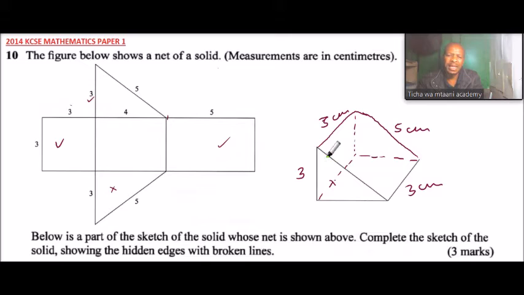You did nets in form 1, so this should be very easy for you. You get 3 marks. This is what we call free marks, because I don't expect you to fail to form the solid required from the given net. So that's how you were supposed to work out that question.